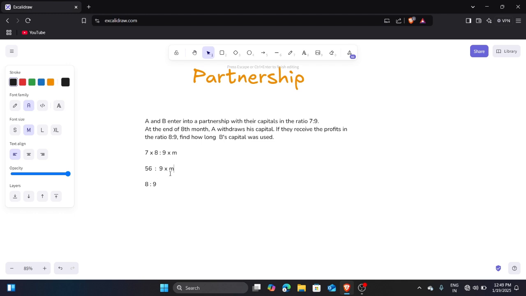Same thing you have to do on this side also, because if you simplify this side with 7, then you have to also simplify the other side with 7. It means 9 multiplied with the number 7, then only when you divide this with 7 you get 9 here, because 9 is already here.